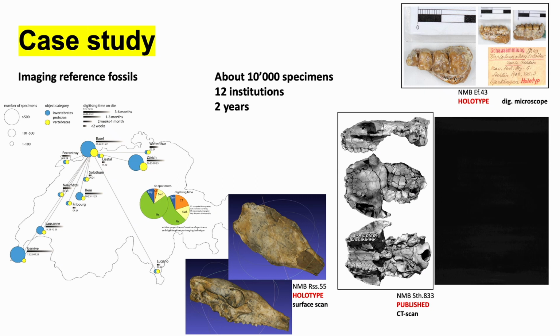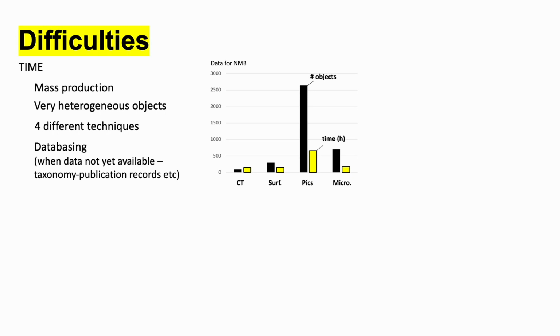So we are making really classical pictures of the objects with the label. We are making 3D files. We're CT scanning objects to also have access to internal data. We're making 3D surface scans of the object. So a panel of very different techniques. And this is the problem.